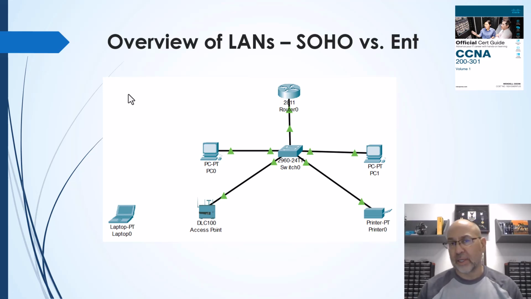Well, it's really the scale. Enterprise networks just have more of everything. There are bigger concerns, right? We have to worry about redundancy and maybe additional security things. But no matter what kind of network you're working with, you are concerned about keeping your networks up and running, keeping them available. You're worried about security, you're worried about throughput, all of those things.